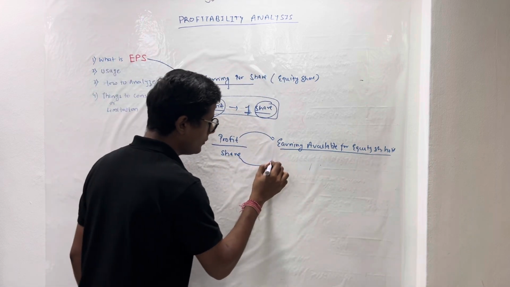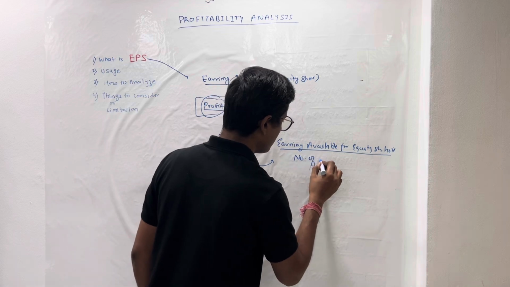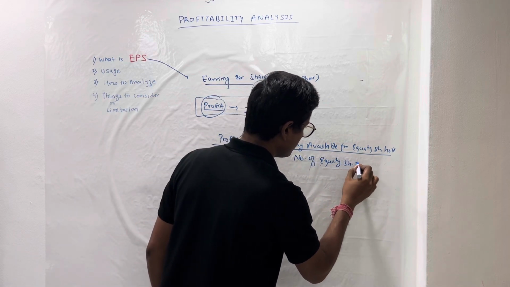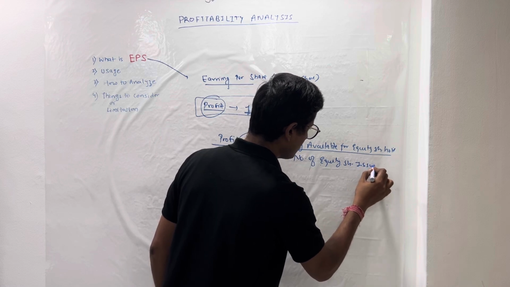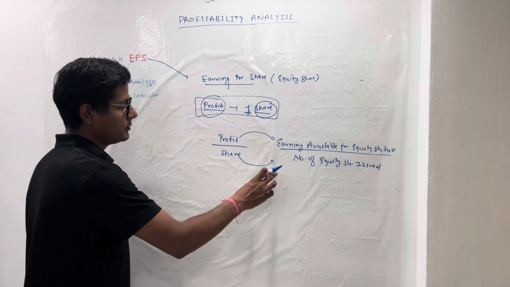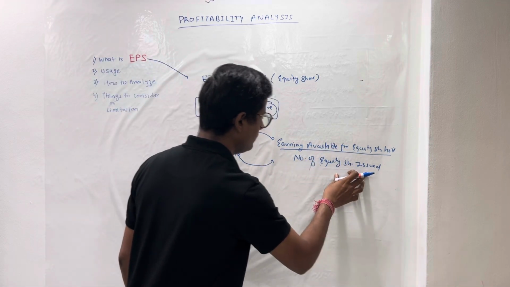Now share, what do we mean? It's the equity share, so it means number of equity shares issued. Earnings available for equity shareholders divided by number of equity shares issued.